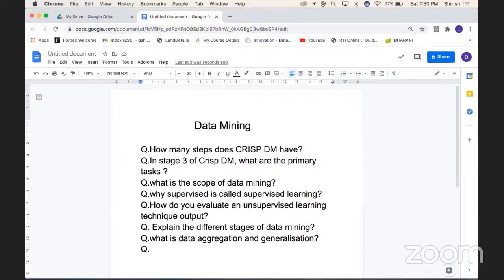Let me put it: the data has outliers, so what technique will be appropriate for clustering?